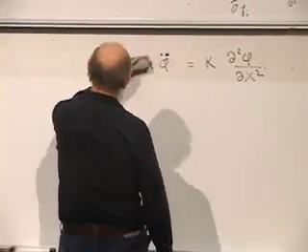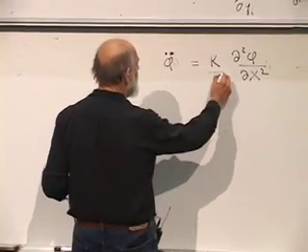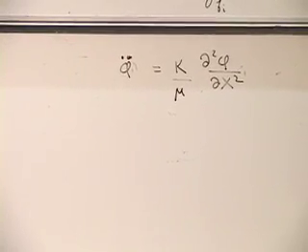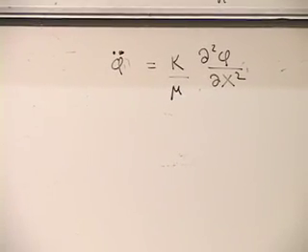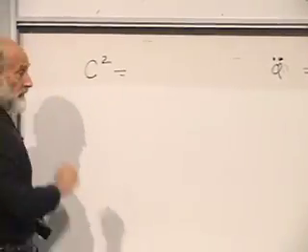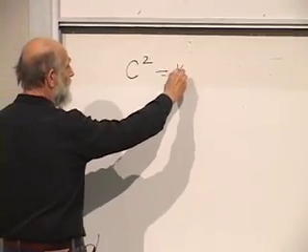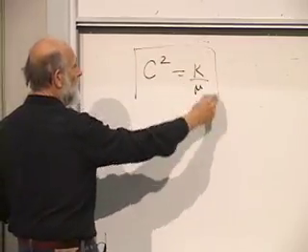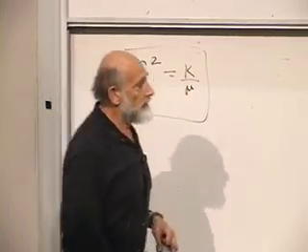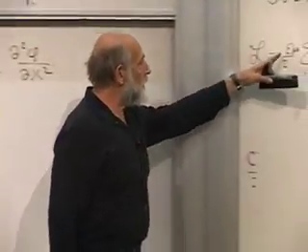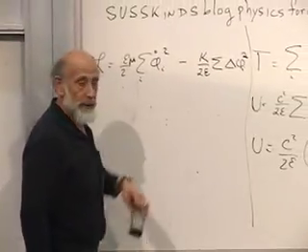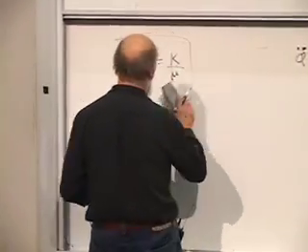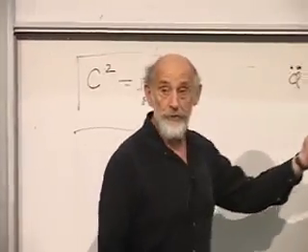All right, so then I would just divide this by mu, and I would say that the velocity of propagation, c squared, the square of the velocity, was kappa over mu. So I could have left a parameter mu here, and I could have left the parameter kappa there. Now, in the way that I worked it out, I set mu equal to 1, and I called kappa c squared.